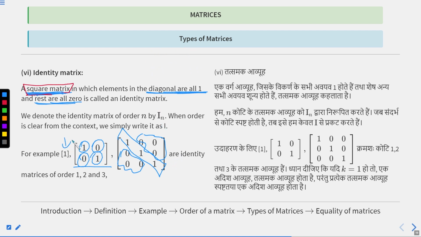So this is of order 1, this is of order 2, as you can see, 2 cross 2. This is of order 3, meaning 3 cross 3. In general, we denote our identity matrix by I3. So I3 means 3 columns and 3 rows. I4 means having 4 columns and 4 rows. In general, In means having order n cross n.